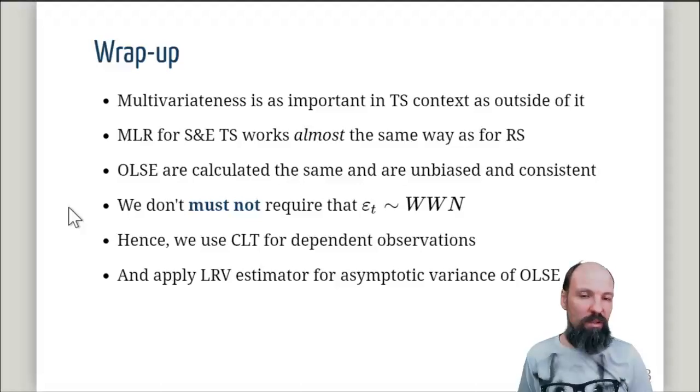I already announced that it's going to be some attempt to link GDP growth to housing starts. And we will see what difference it makes applying the long-run variance estimator as opposed to just the usual estimator that is used for the IID case.